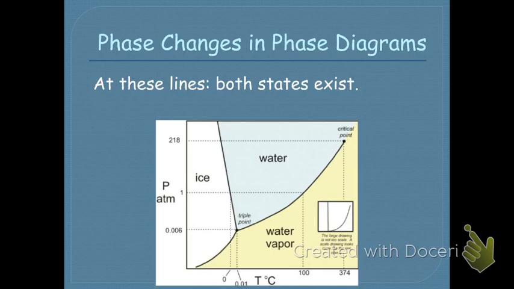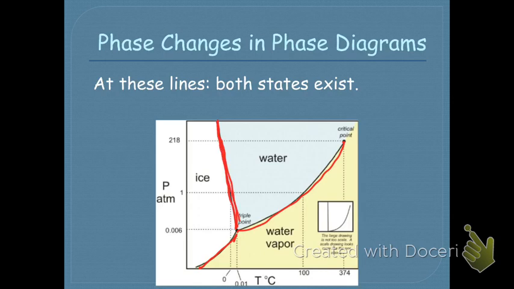Now, typically at these lines, how do you know at this line whether it's technically a solid or a liquid? So the cool thing about these phase changes is that at these lines, the two states that meet at these lines both exist at that line.